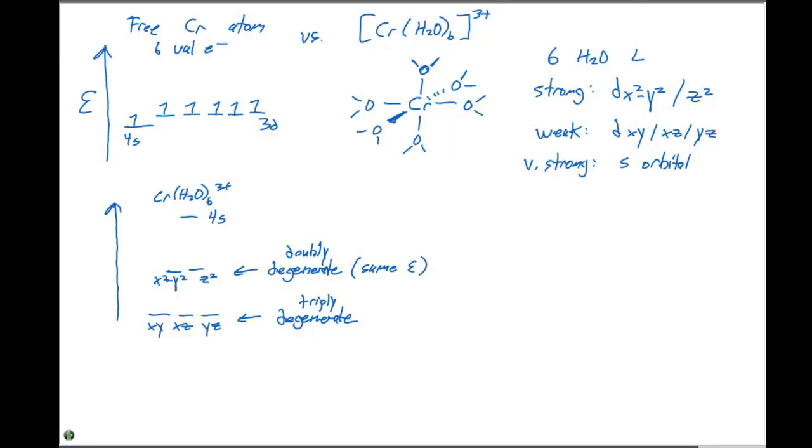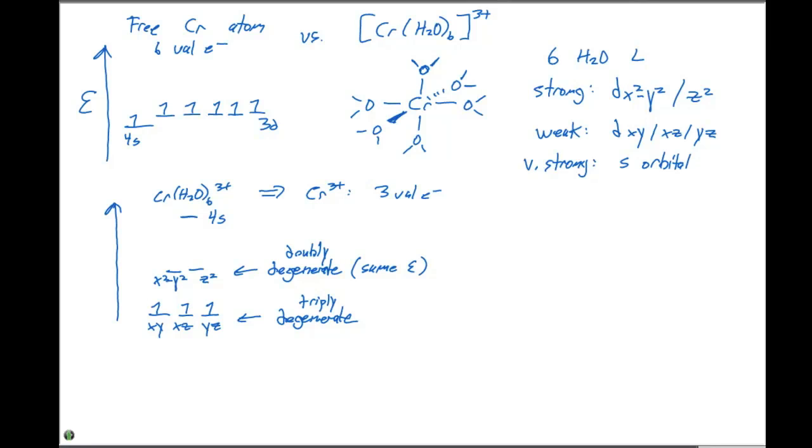In this case, we have chromium 3+, which means we have 3 valence electrons. Whenever I put these valence electrons in the orbitals, they are always going to fill the orbitals which give us the lowest energy configuration. We're still following Hund's rule, which means we go spin up all the time before we go spin down.